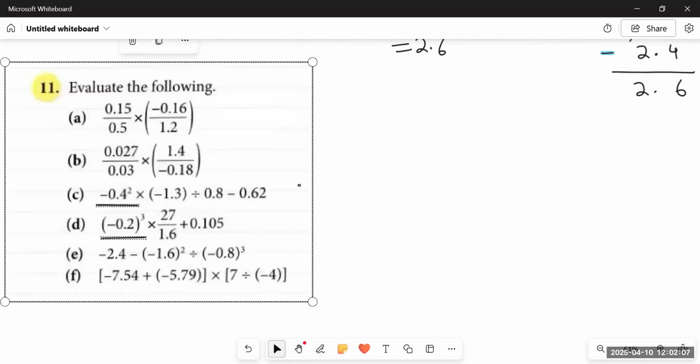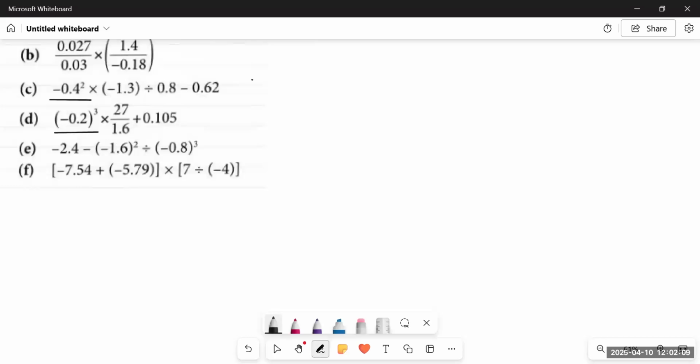And then we have the last part of this question, part F: minus 7.54 plus bracket minus 5.79 multiply by 7 divided by minus 4. Now, in this case, what are we going to do? We will have to solve these two brackets separately.